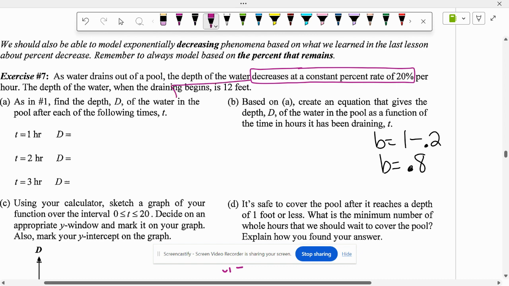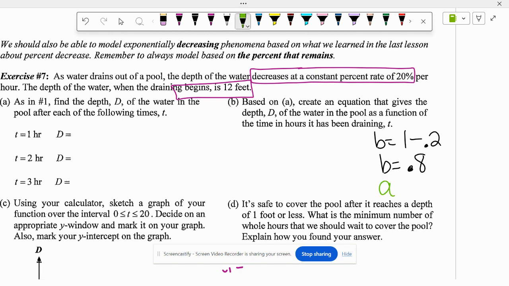What does that represent? Initial value. So D, the depth of the pool, equals 12. That's my A value, times 0.8 to the power of T.